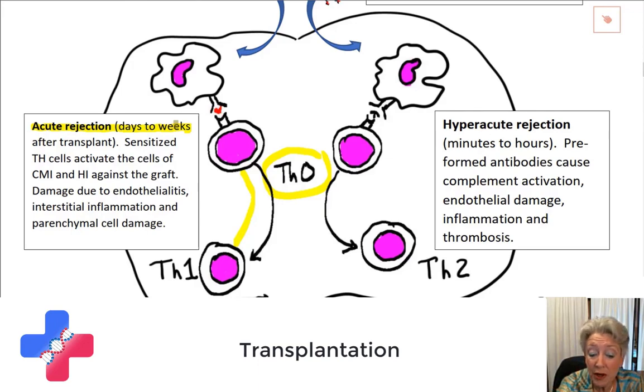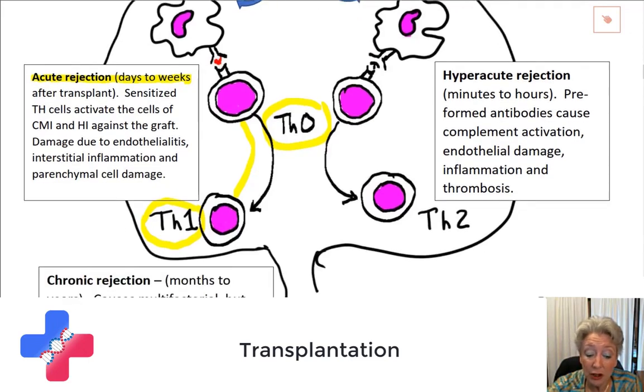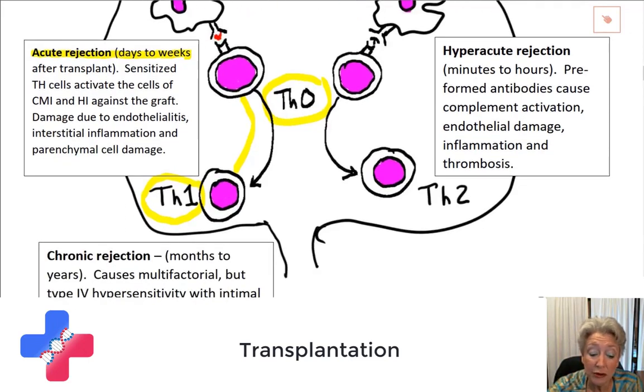And I'm going to get my sensitized T helper 1 cells then signaling downstream to activate and clone the effector cells of cell-mediated immunity.